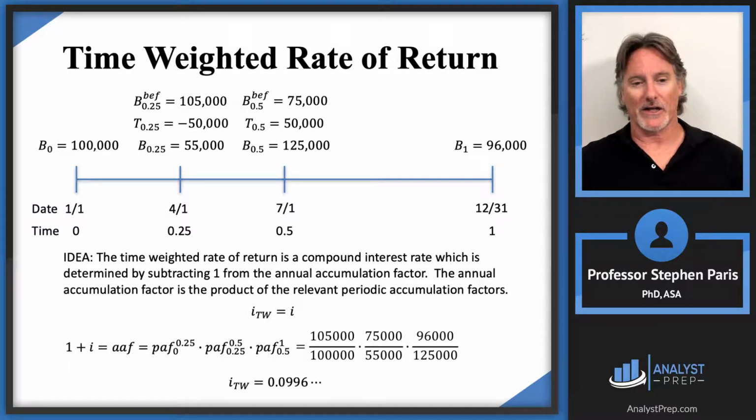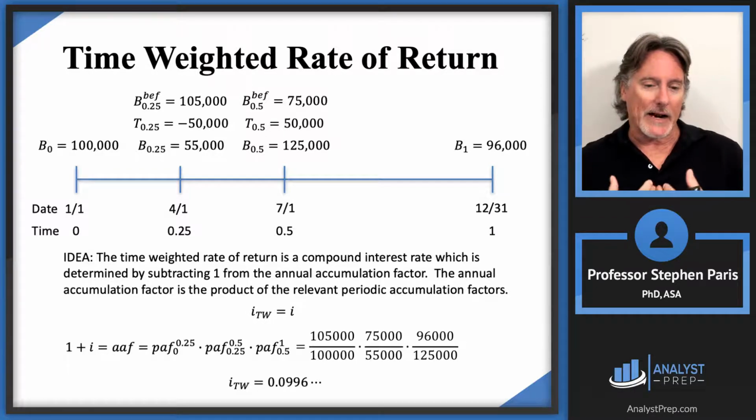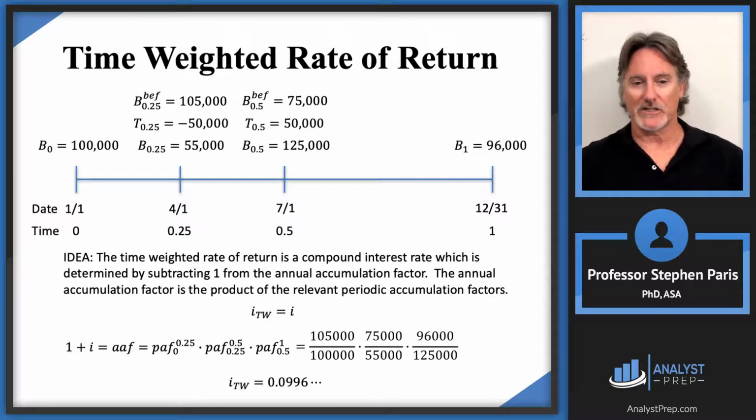So it might not be up to you when you make the deposits and the withdrawals. It might be set for some other reason. But the $50,000 that was taken out of the account at time 0.25 was taken out at a very bad time, because over the next 3 months there was an excellent return on that money.